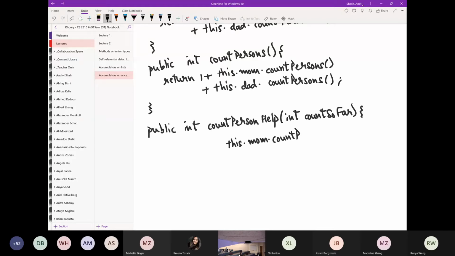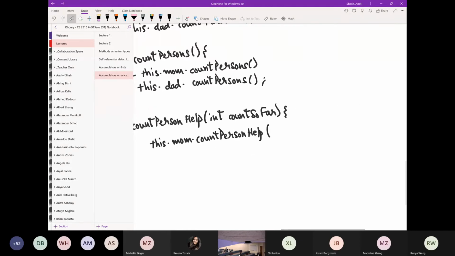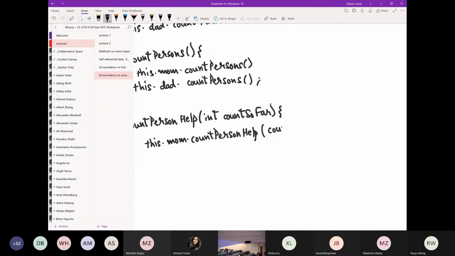Mom.countPersonHelp. And to mom, I'm going to send the accumulator I have gotten plus myself. So this thing is me. Okay? Now, whatever my mom's side returns to me, that will represent the number of persons I have seen thus far, including myself and everybody on my mom's side.